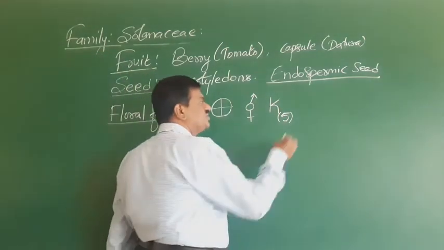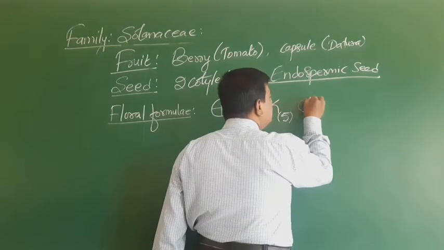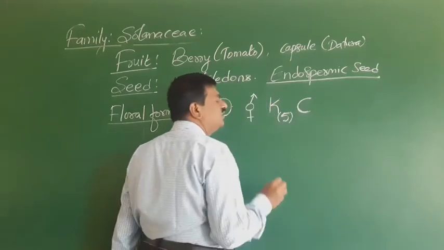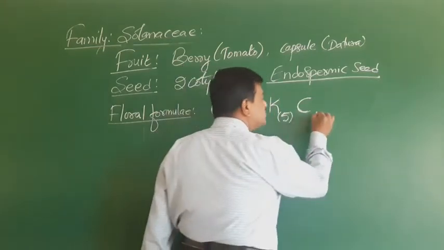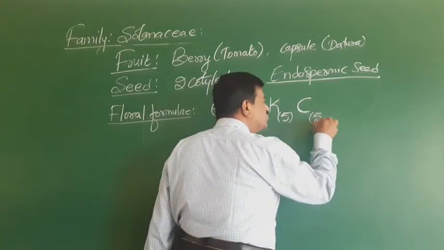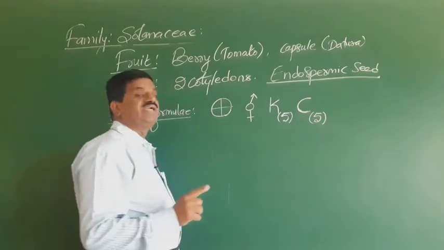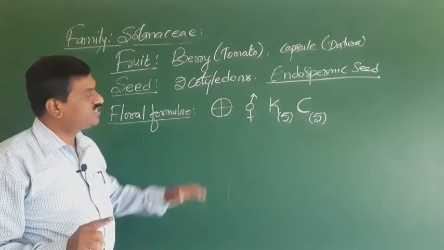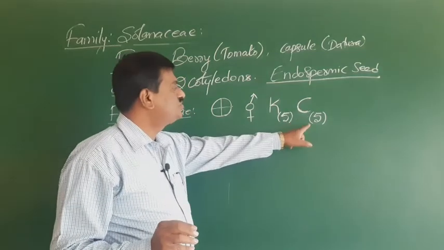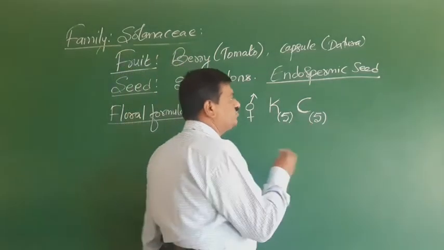Next to this is corolla. So we go for C. The letter C is called as corolla. Here 5 petals are present. Again petals are 5, and again it is fused. So we are writing this in a bracket. When it is not fused, without brackets, but here the petals are fused, we are writing in a bracket.